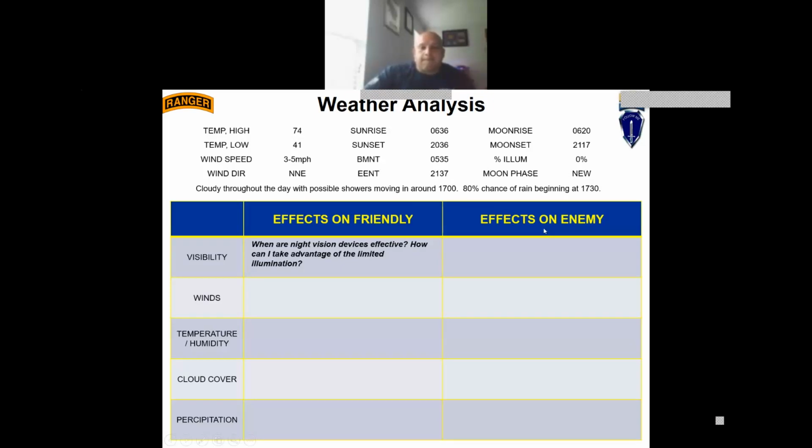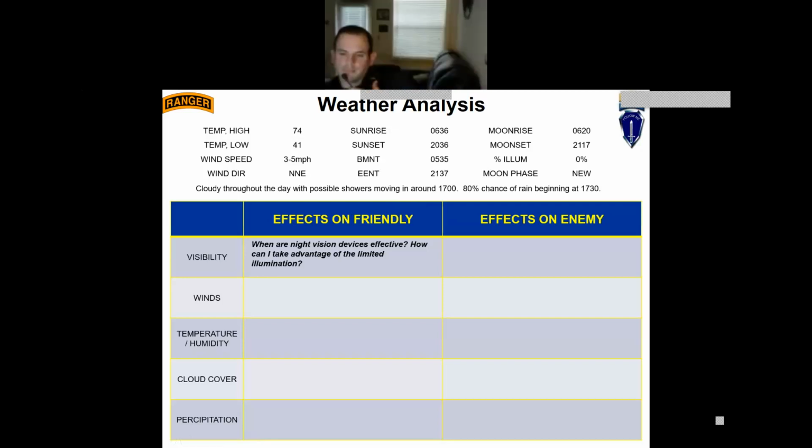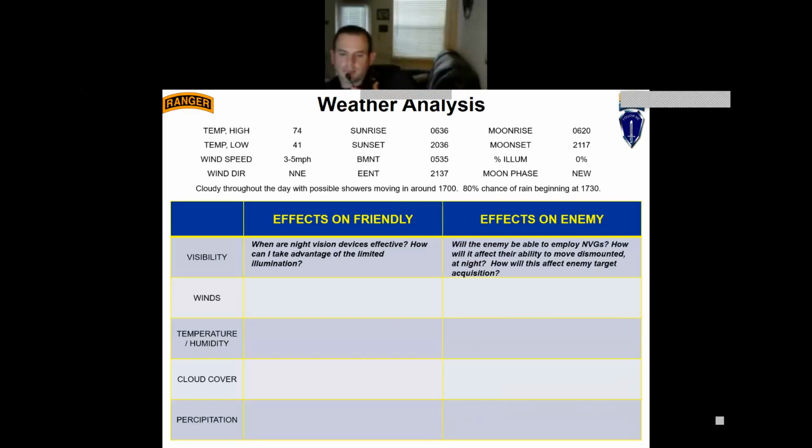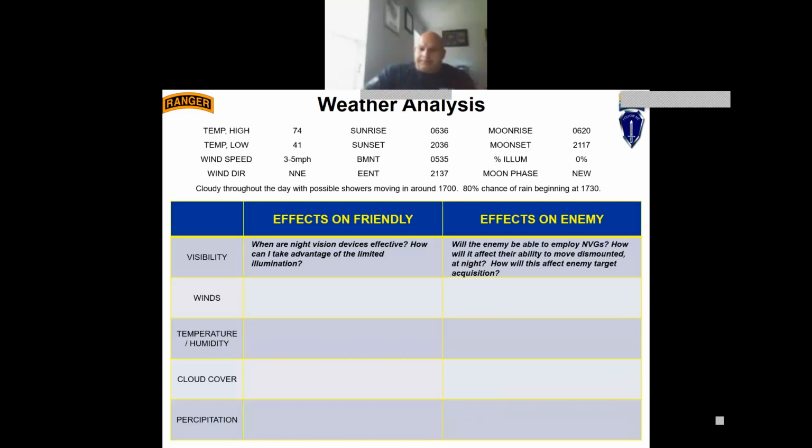Anybody? You're not going to be able to see as well without the moonlight. Yep. How does it affect the enemy? They won't be able to see at all. Okay, but the best thing about them is they know the area.